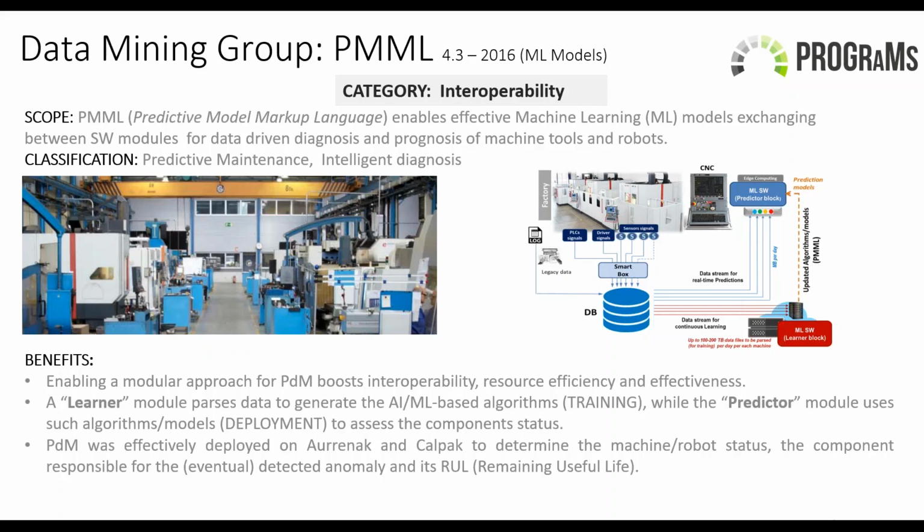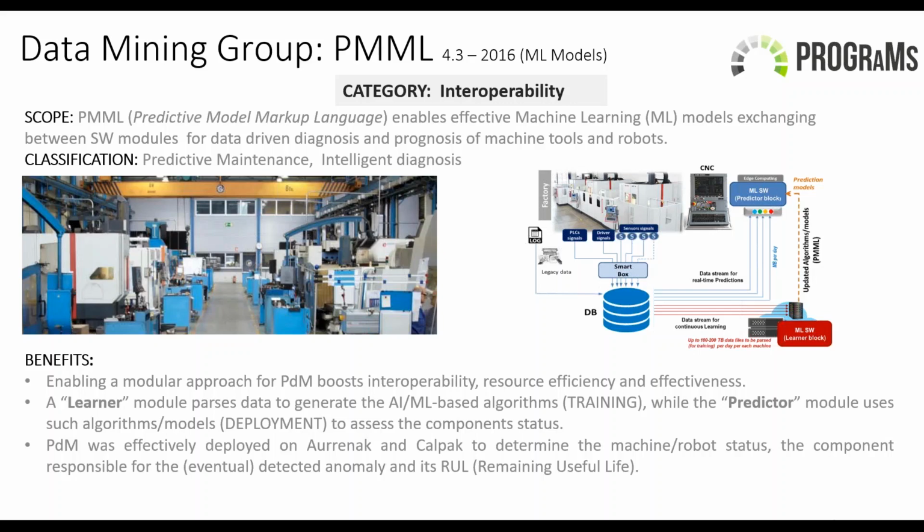This is a module that should run on a high performance PC, on the cloud or on an on-premises server, because it has to parse and evaluate a huge amount of data, in terms of gigabytes or terabytes. So it has to run on a high performance PC, definitely.